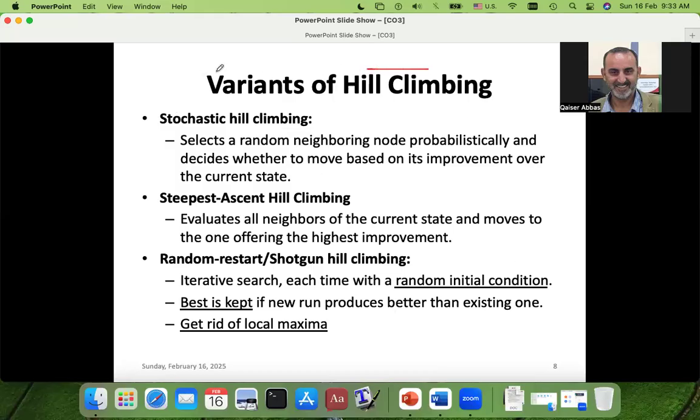The first version is called stochastic hill climbing. Then another version is called steepest ascent hill climbing. Then another version is called random restart or shotgun hill climbing.